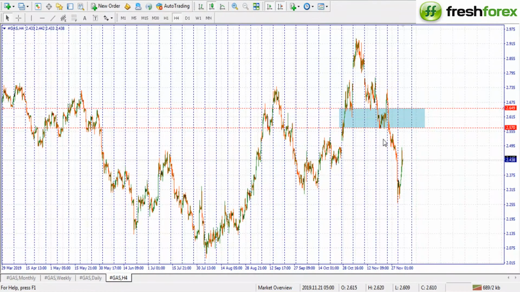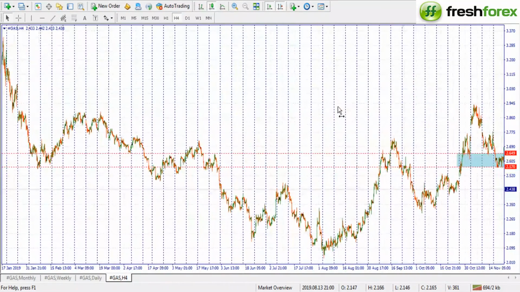So expect price to move up to this point, so that we can pick a sell when it gets towards 2.649 or 2.570. If price pulls back up to this point, then this should be the correct place to look for a sell from, somewhere in between this range.